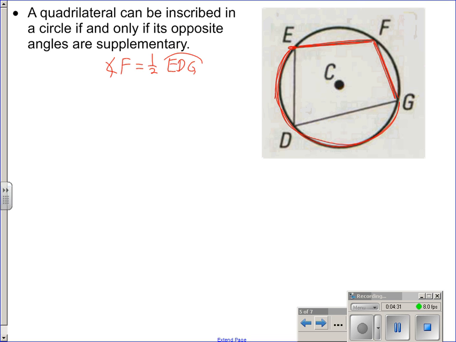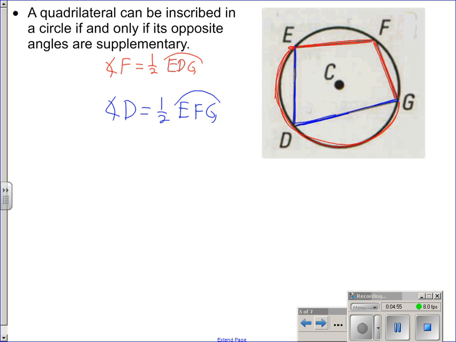Now we're talking about opposite angles of a quadrilateral, so that is this angle, D. Its intercepted arc is arc EFG. So angle D is an inscribed angle, and it will be half of arc EFG.